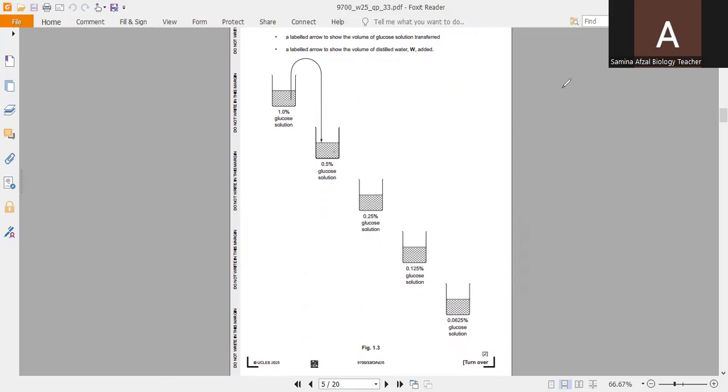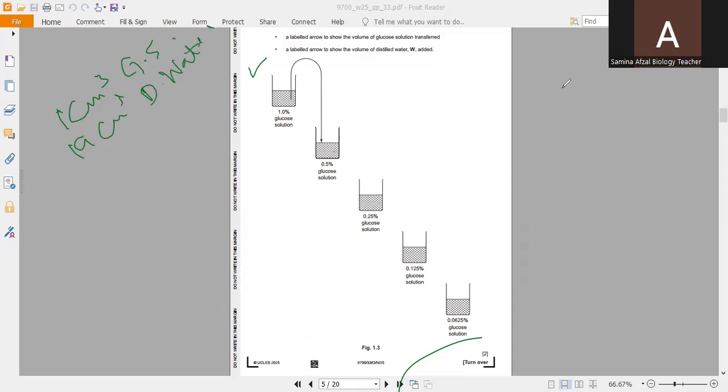And now you can see that we had this 1% glucose solution in which we had taken 1 cubic centimeter of glucose solution and 19 cubic centimeters of distilled water.